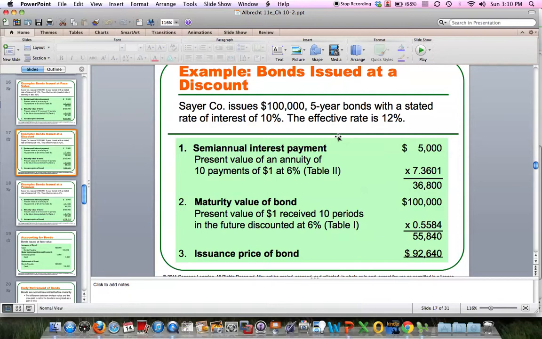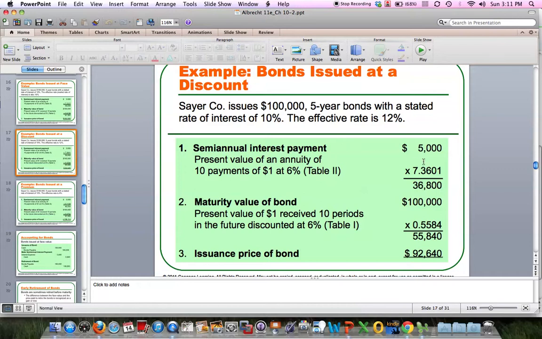What we're saying here is that investors can go to the open market and buy a similar bond and get 12%. So right away we should be thinking our bond will sell at a discount, because investors can get a better rate somewhere else. They're not willing to pay us full value for our bond.